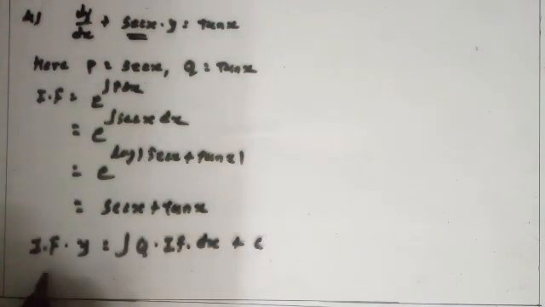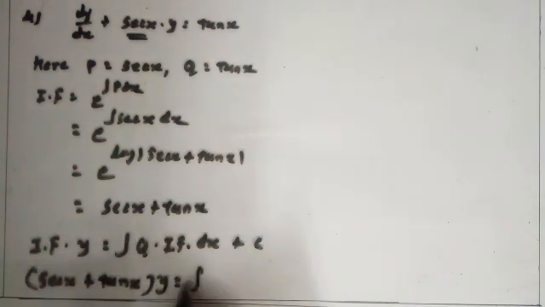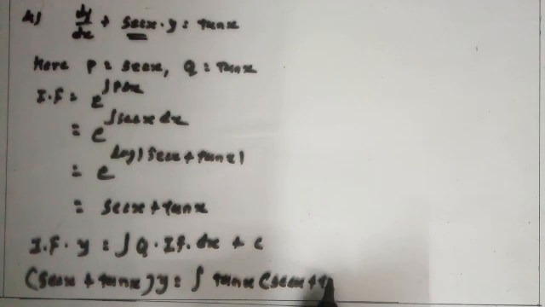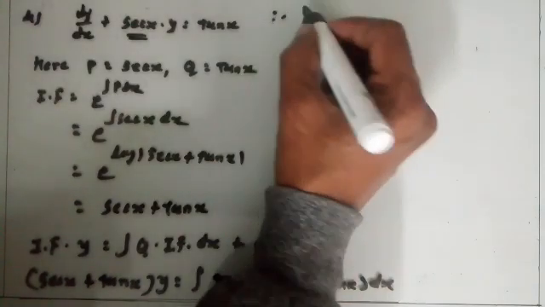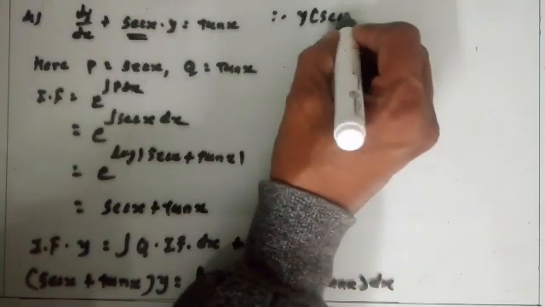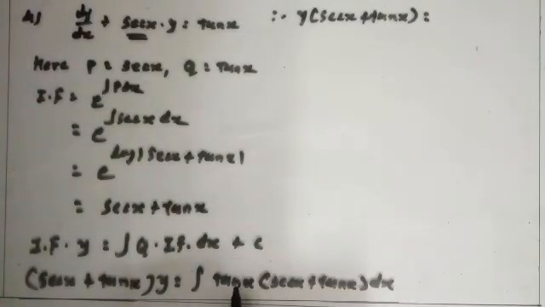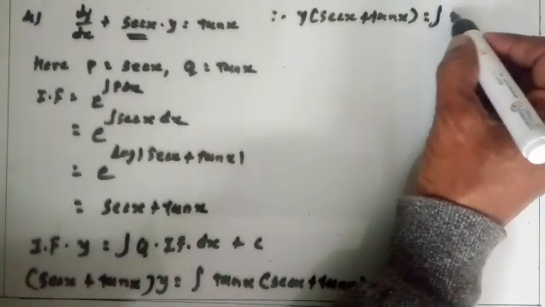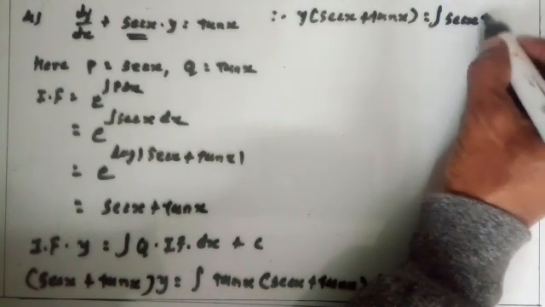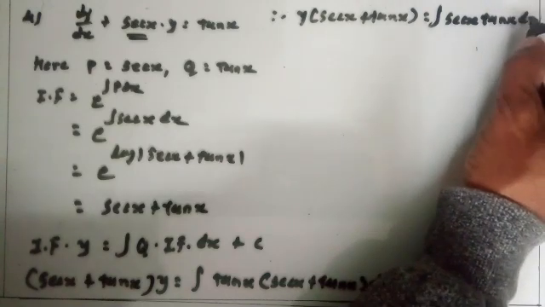Here the integrating factor is sec x + tan x, so y(sec x + tan x) = ∫Q · (sec x + tan x) dx, where Q = tan x. So y(sec x + tan x) = ∫tan x (sec x + tan x) dx.